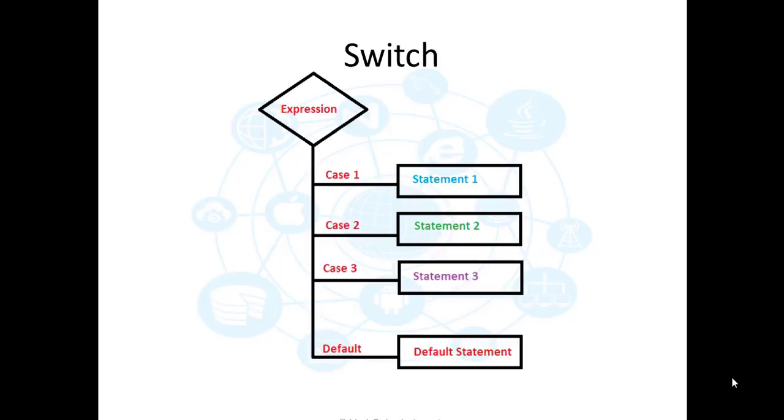So in switch case we have an expression followed by some cases and a default statement. Let me take an example of a fan. The default state of a fan is 0, that is, it is in off state.